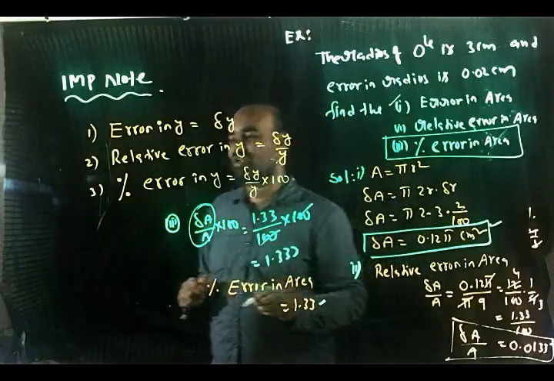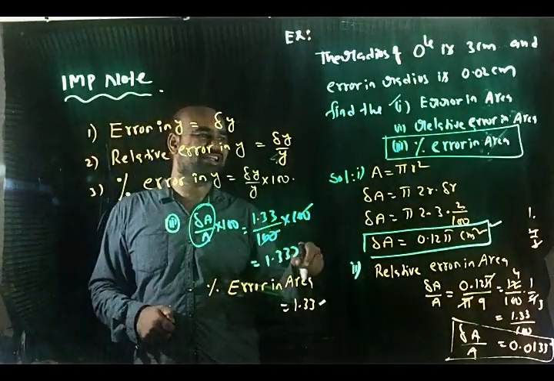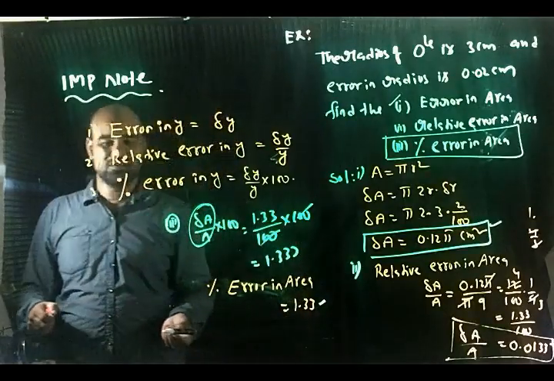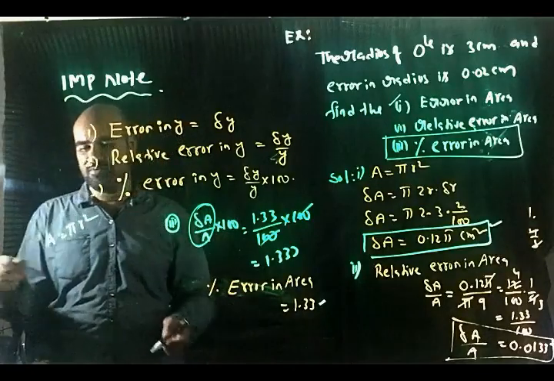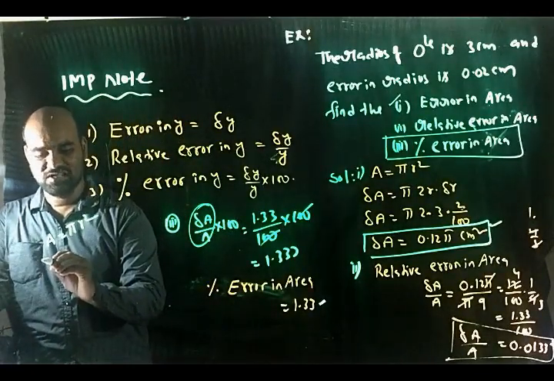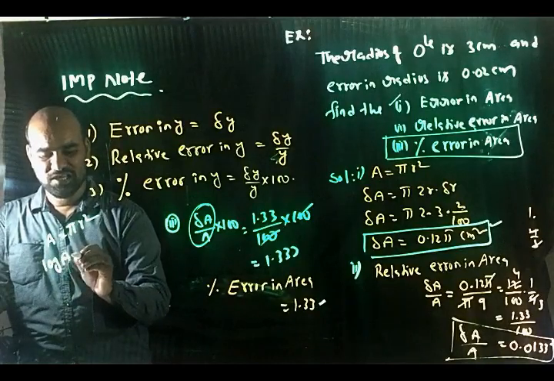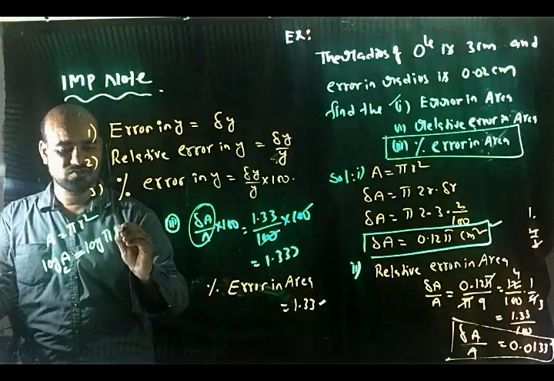Our direct method is there to find percentage error in area or percentage error in volume, whatever it may be. Using logarithms, directly you can find percentage error in area. A equal to pi r square. Apply logarithm on either side with the base e. Log A with the base e equal to logarithm of pi r square.